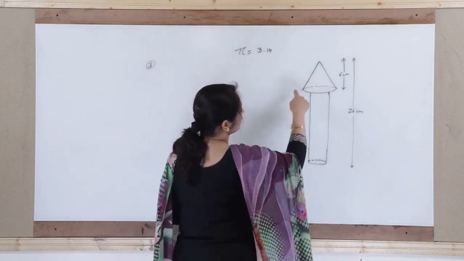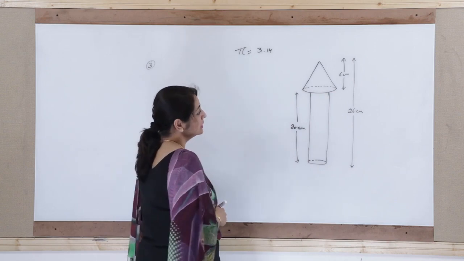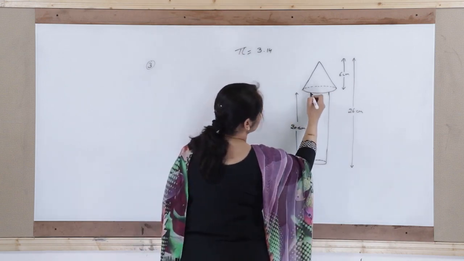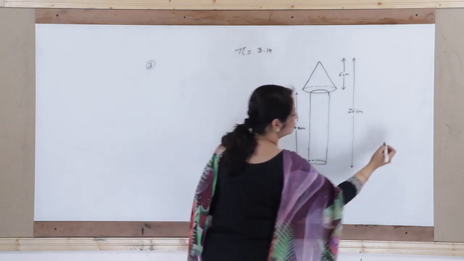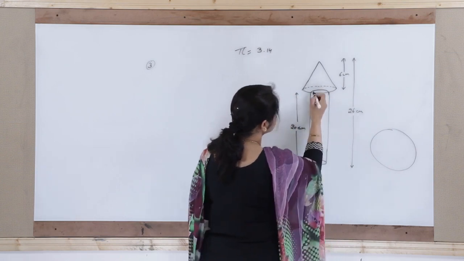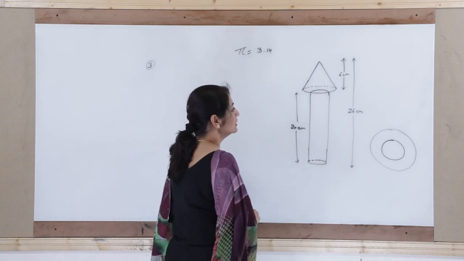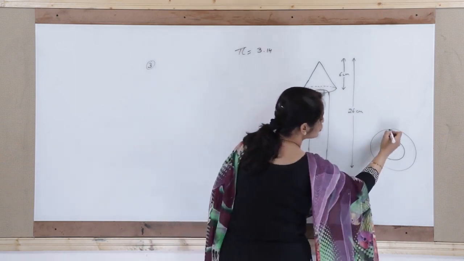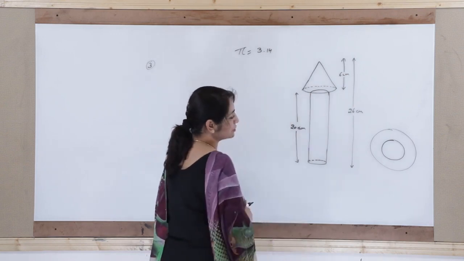Now if we want to color this conical part, then we will color the curved surface area. So what about this part here? Here the base of the conical part will be like this. It's circular, and there will be this circular base of this cylinder. It will be like this. So we also need to color this circular strip because that portion also has to be colored.